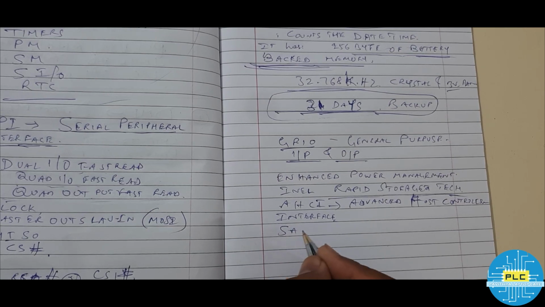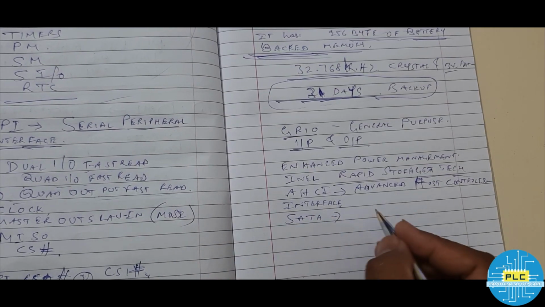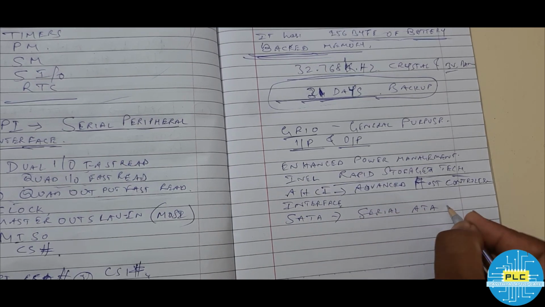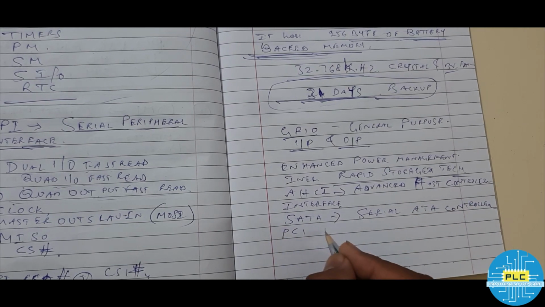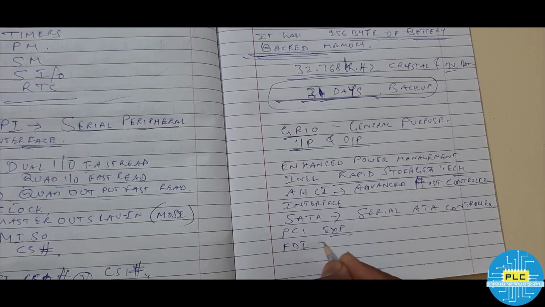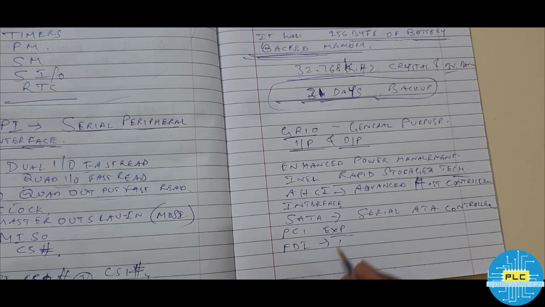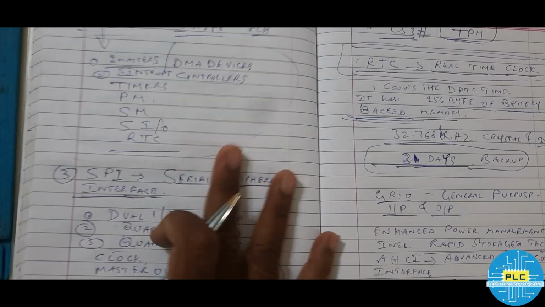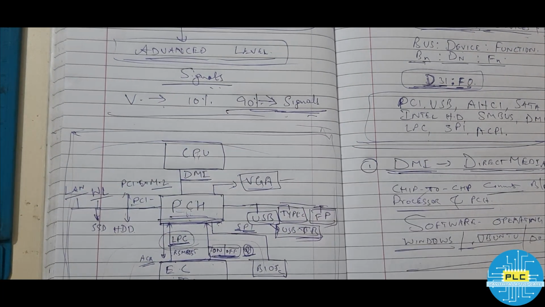And next is SATA, Serial ATA controller, and what else, PCI Express, FDI, Intel Flexible Display Interface. So many things are there, that I will explain one by one in the next class.